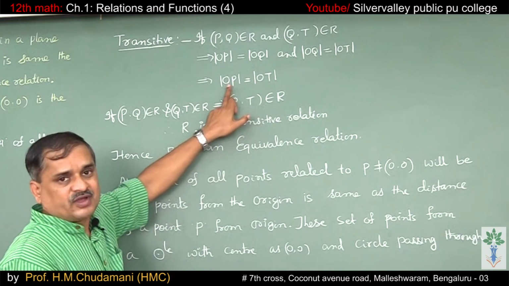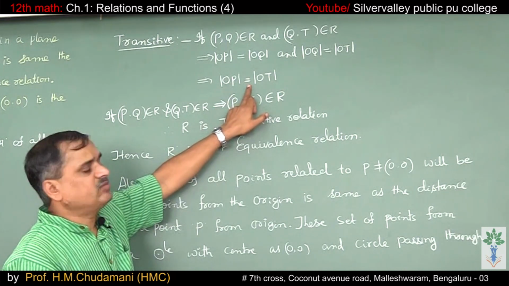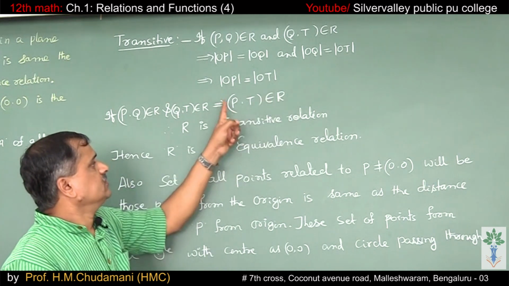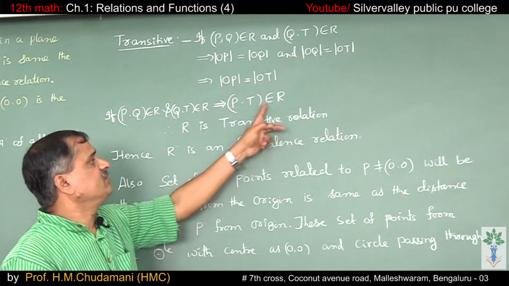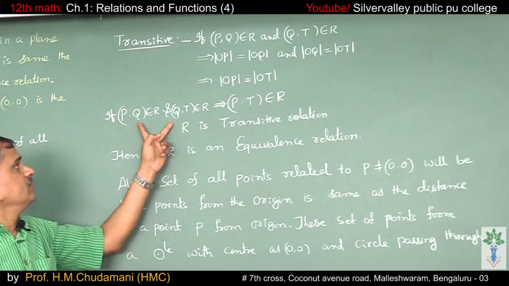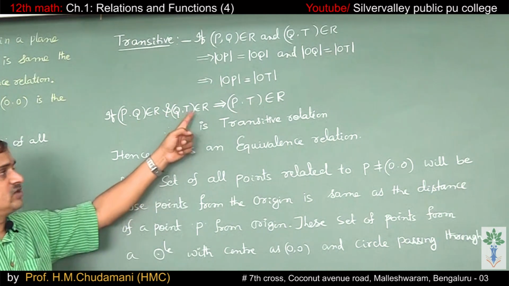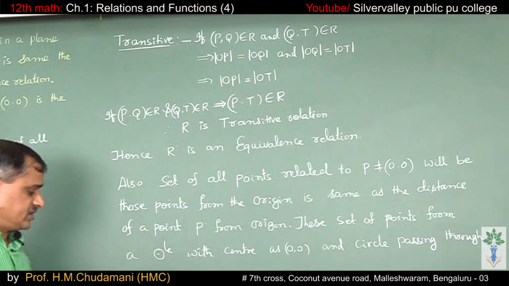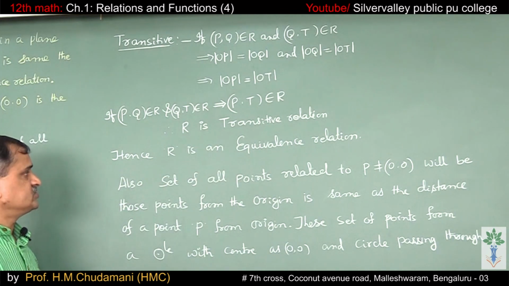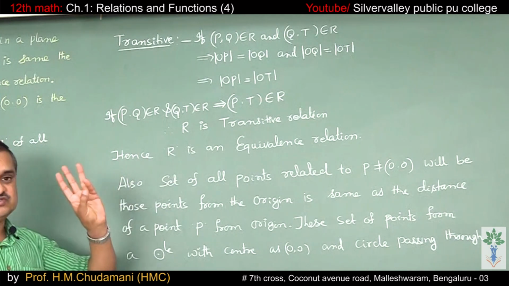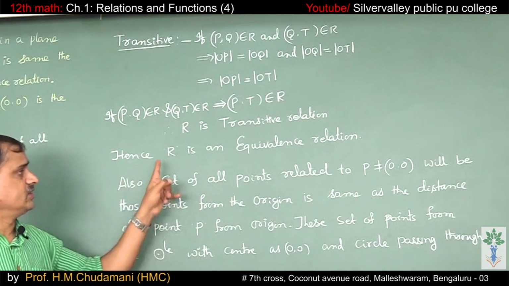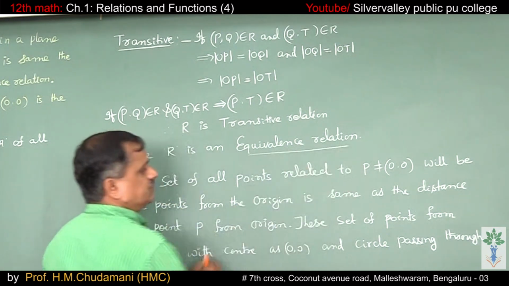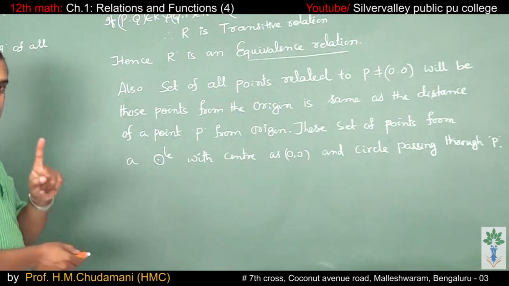The distance of the point P from the origin is the same as the distance of the point T from the origin. So that means (P, T) belongs to R provided (P, Q) belongs to R and (Q, T) belongs to R. Therefore, R is a transitive relation. Since it satisfies reflexive, symmetric and transitive, it forms an equivalence relation.